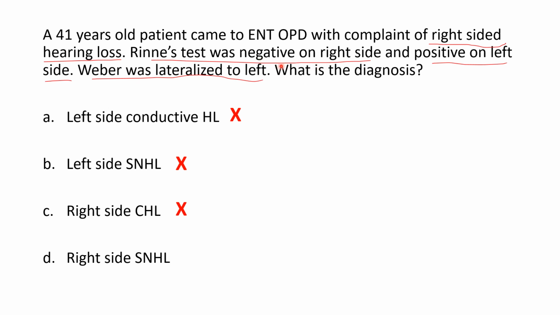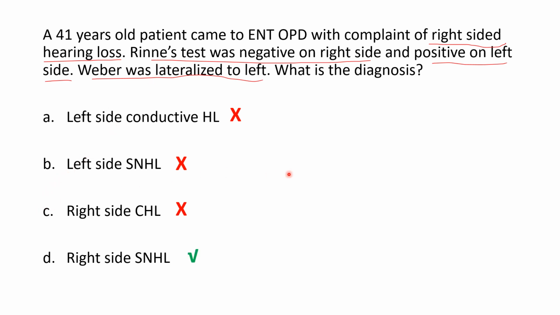It means that the patient is actually having severe sensory neural hearing loss on right side, but because of the transcranial transmission of the sound during bone conduction study, the patient hears from the opposite ear, and it gives a false perception that the bone conduction is better than the air conduction on the right side, and we think that the Rene is negative. But actually, the patient is having right side sensory neural hearing loss.